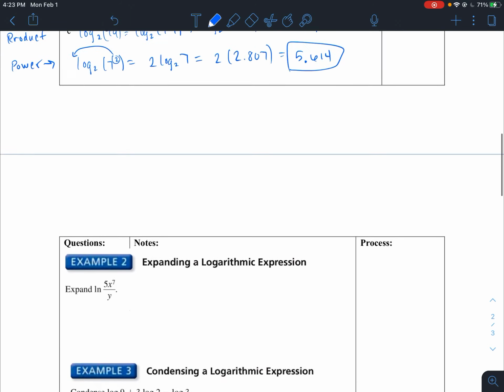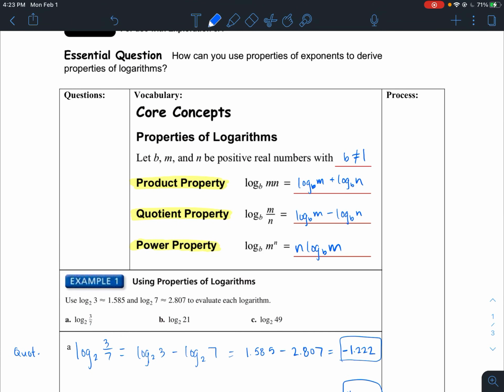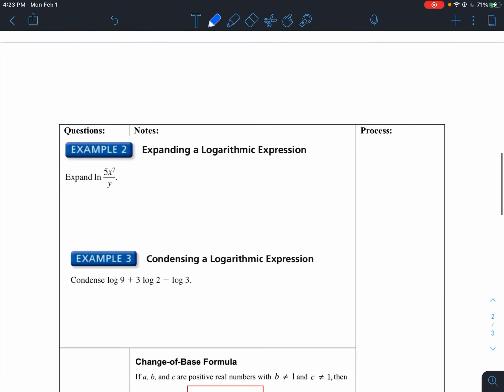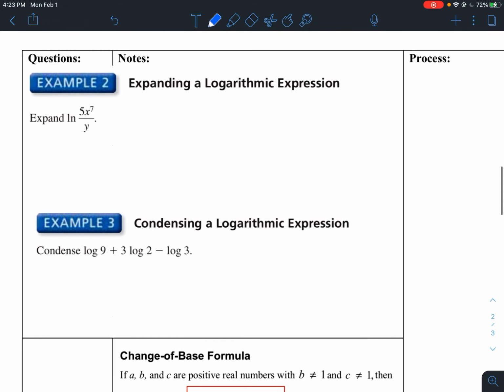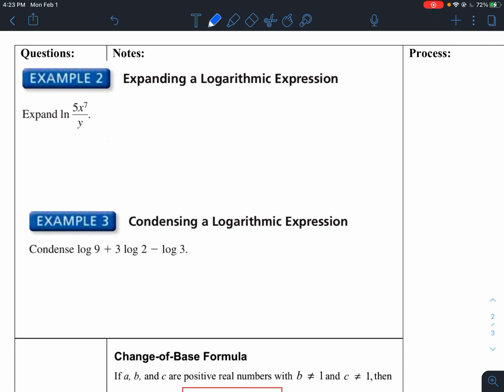Now, over here, what we did was take these and expand them, pretty much. We call that an expansion. So in this next example, we're going to talk about what it looks like to expand a logarithmic expression.